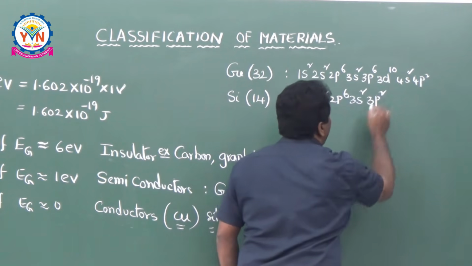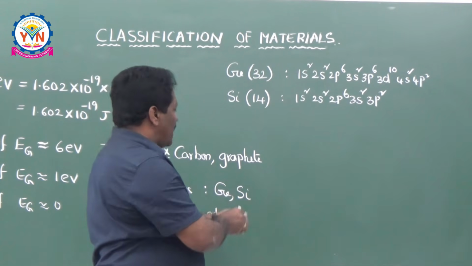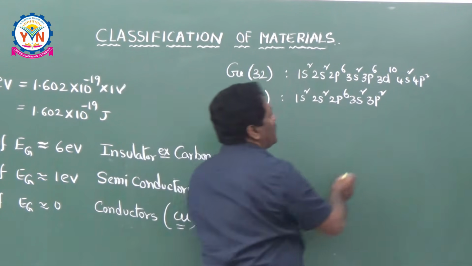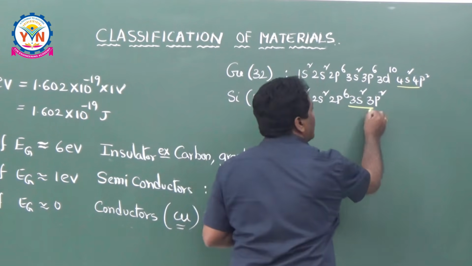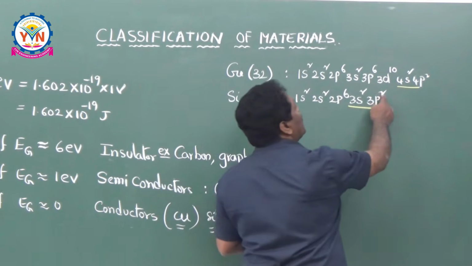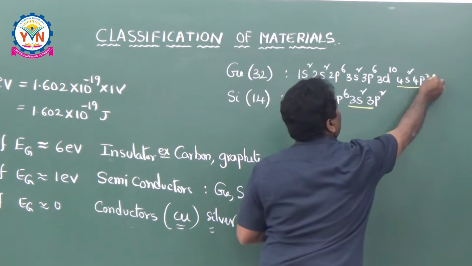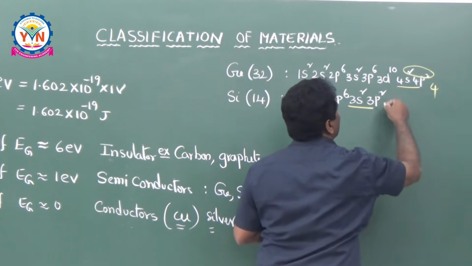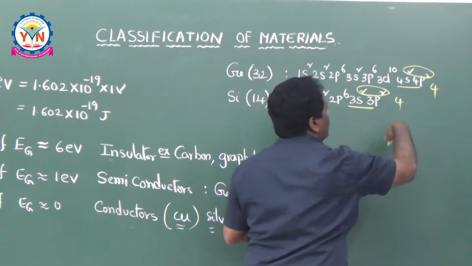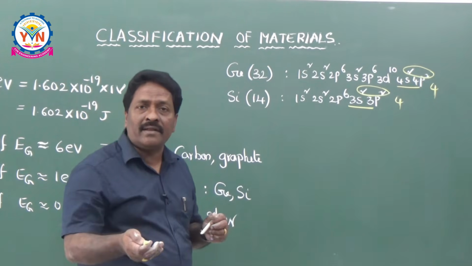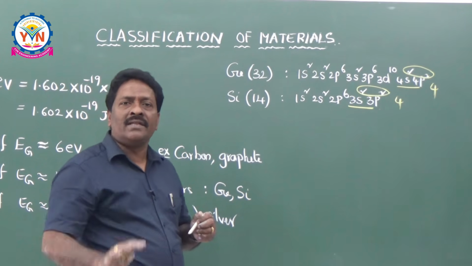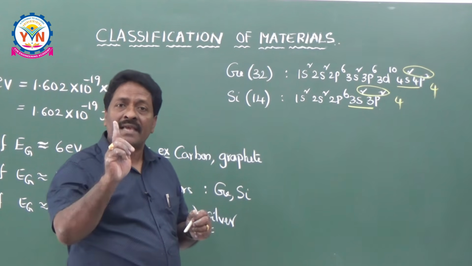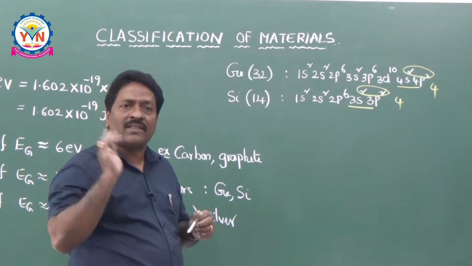So friends, observe the last orbit. Here the last orbit is the 4th orbit, and here the last orbit is the 3rd orbit. In the last and final orbit, totally here it is 4, and 2 plus 2, here it is also 4. That means in the valency orbit you have 4 valency electrons. It is not 8, it is exactly half.